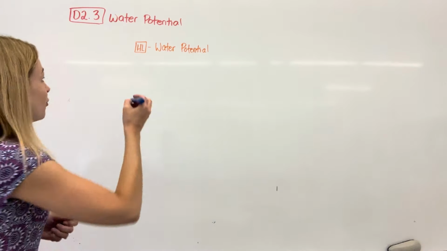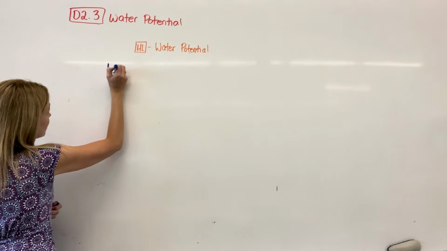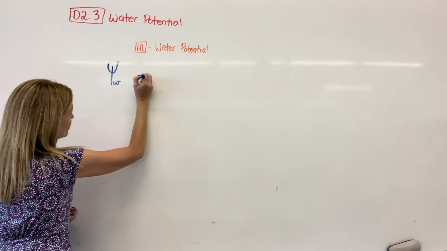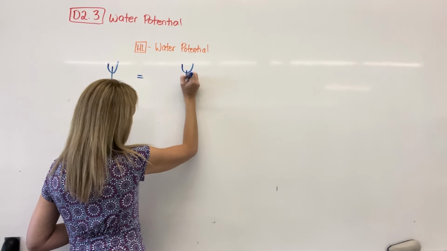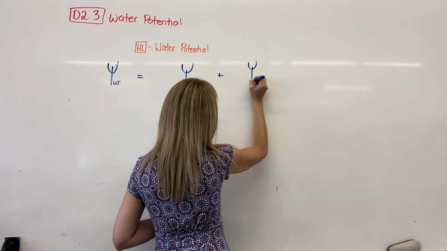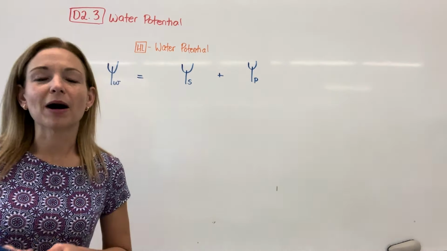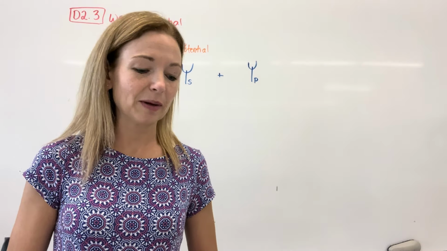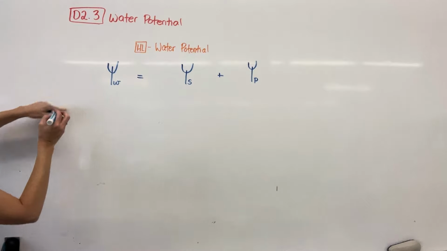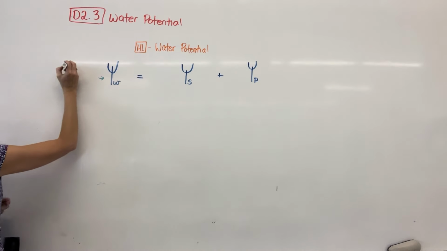So the formula for water potential is, this is the symbol, water potential equals the sum of solute potential plus pressure potential. And then we just need to remind ourselves what those actual things mean. So if we say water potential, this is a measure of the freedom of water to move.